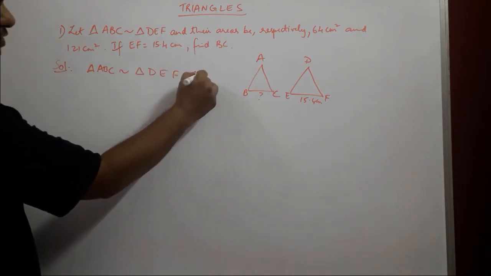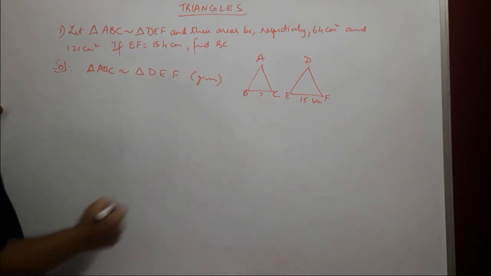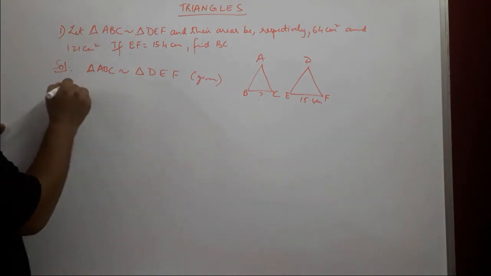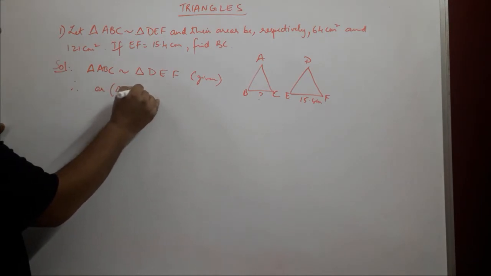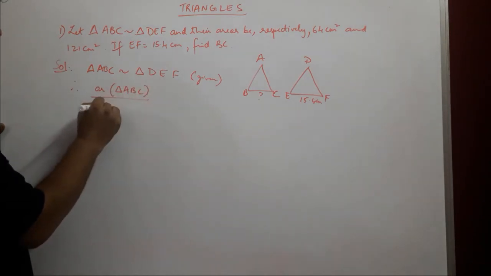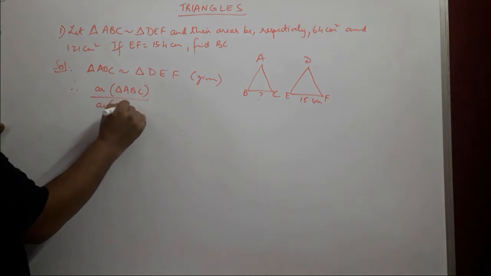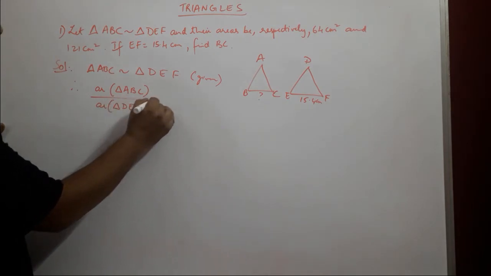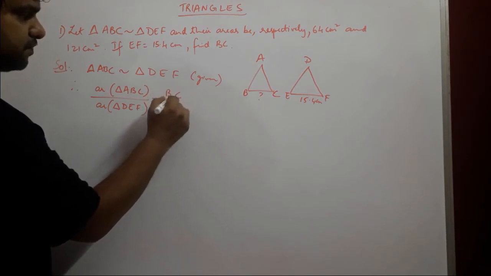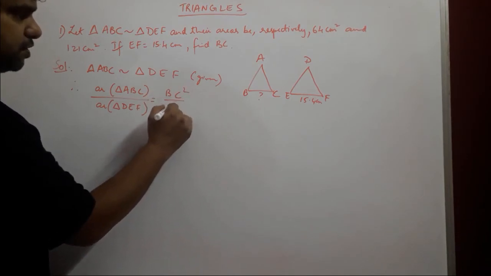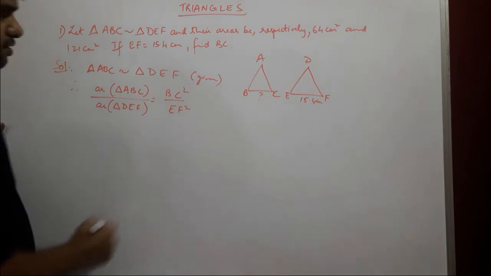So we can say that area of triangle ABC upon area of triangle DEF should be equal to BC square upon EF square.